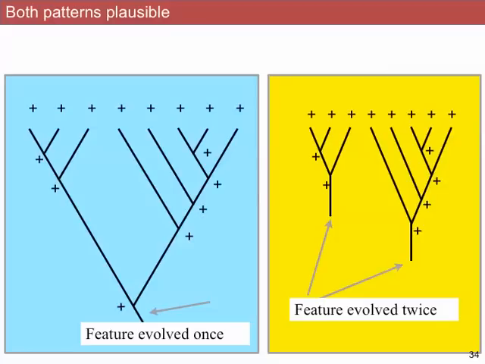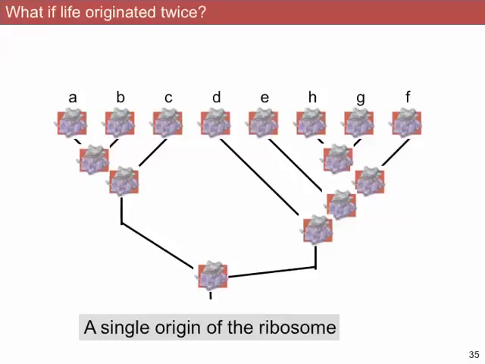So again, if we are saying a feature, like the ribosome, is homologous between taxa, it means that this tree is impossible. The features we are explicitly saying only evolved once. So we have to have a tree where all organisms share a common ancestry. That's what universal homologies tell us.